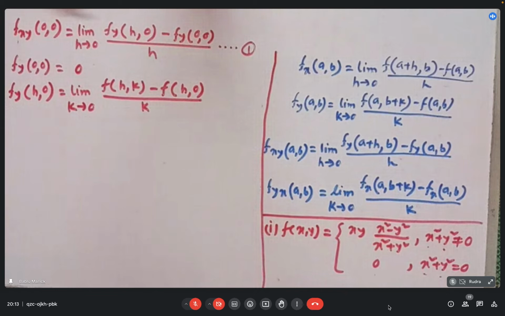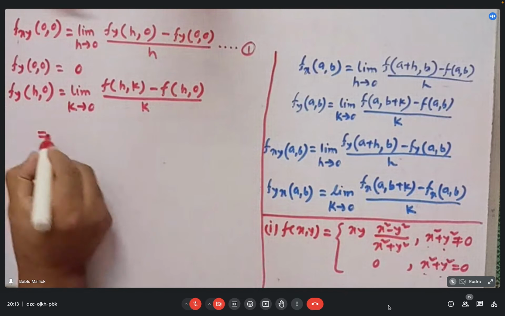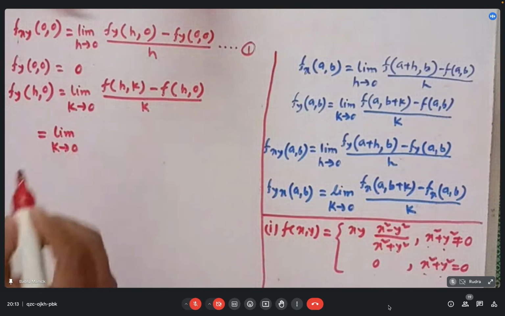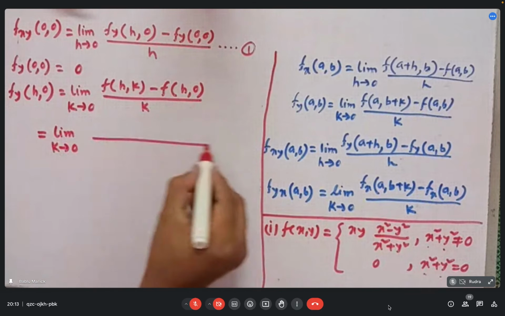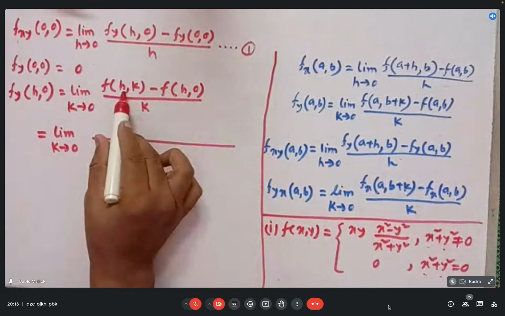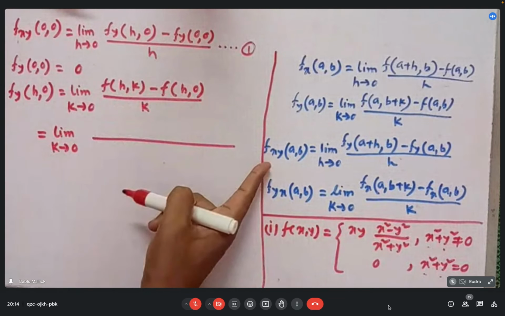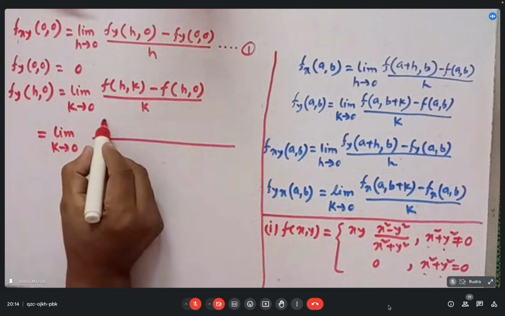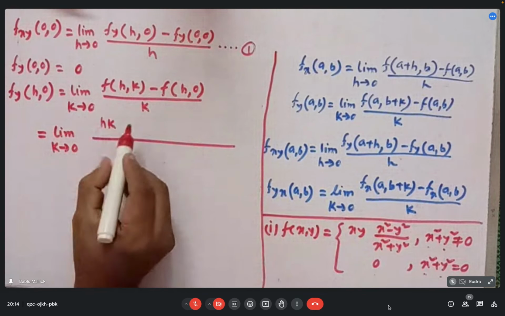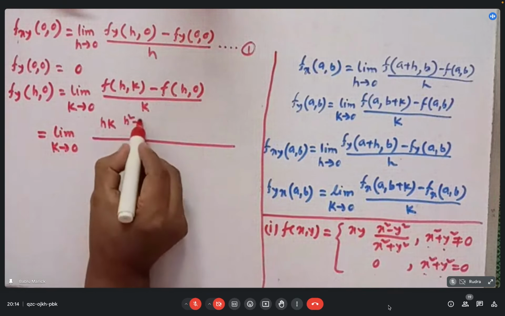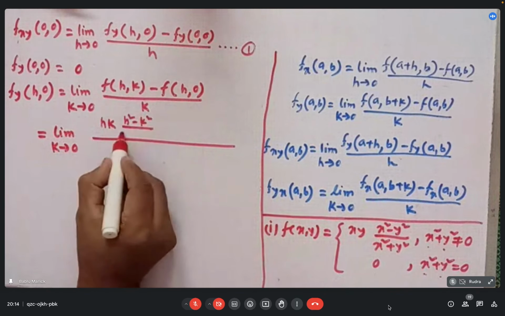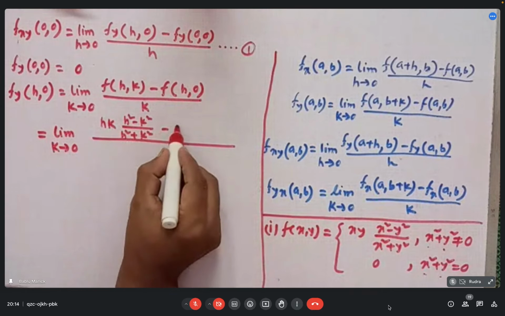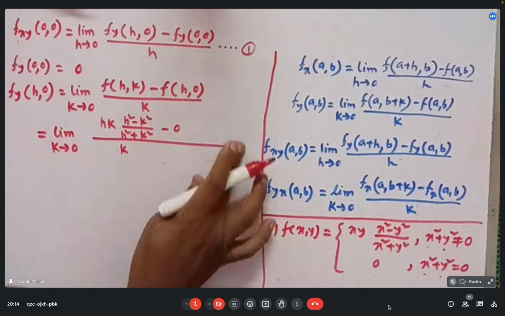So this is equal to limit k tends to 0 of f of h comma k, which from here is h into k, h square minus k square divided by h square plus k square, minus 0, divided by k.